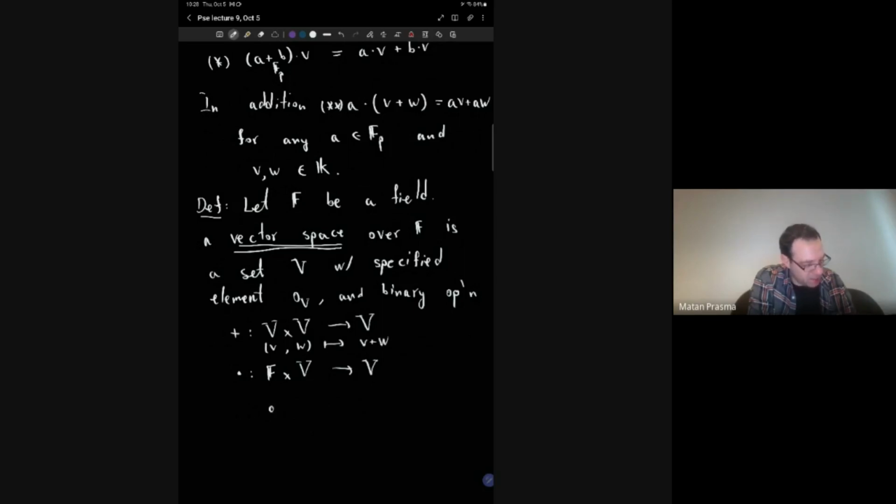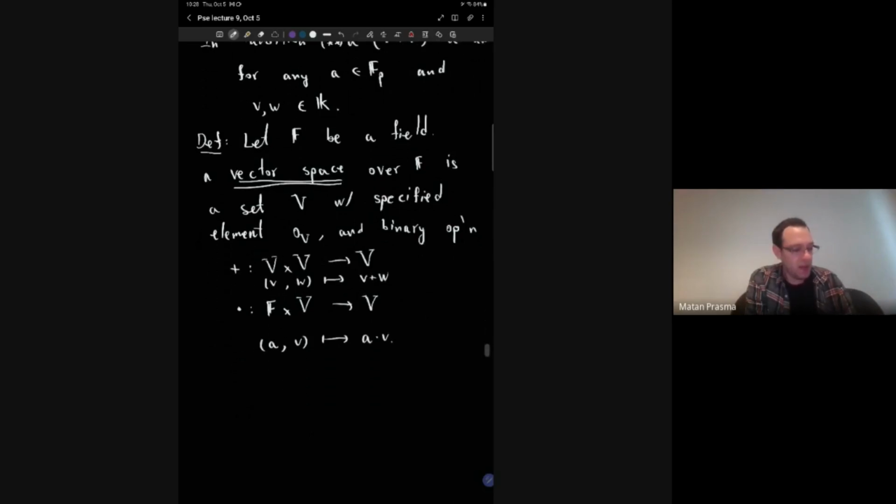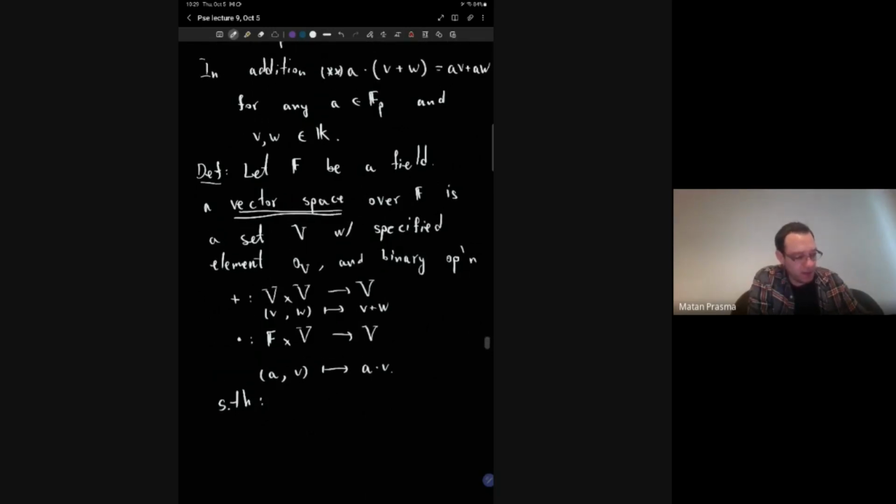And here I take (a, v), and I send it to a times v. Okay, so this is the data of a vector space, but as usual in these kinds of algebraic definitions, we want some conditions that this data satisfies, and the conditions are pretty intuitive in light of the discussion.